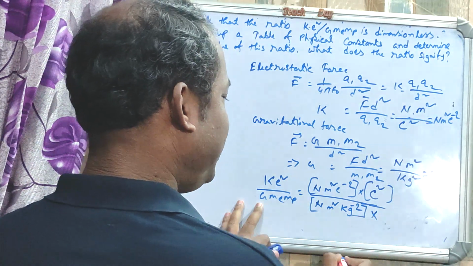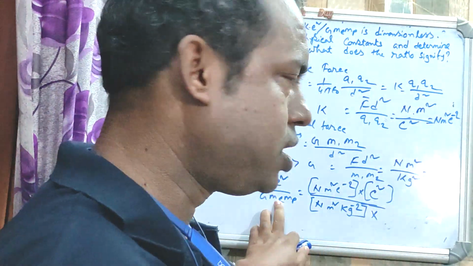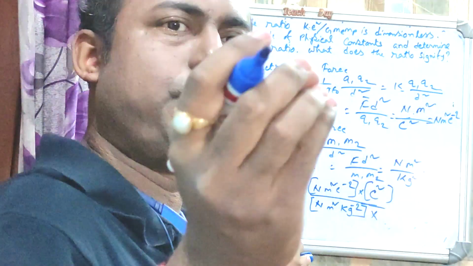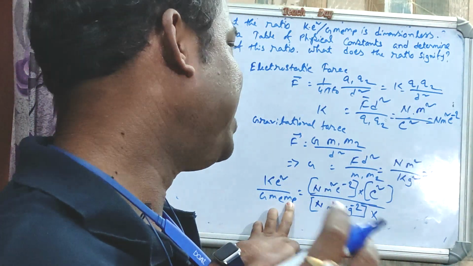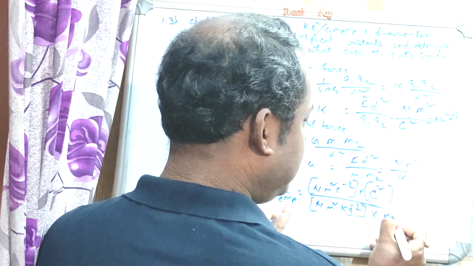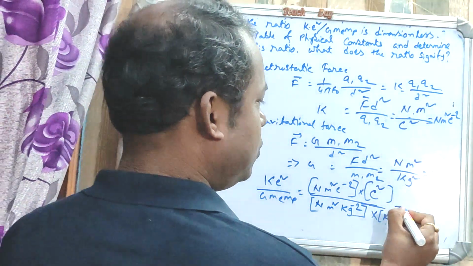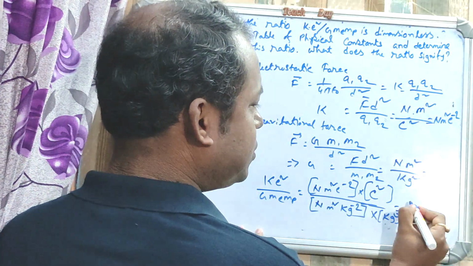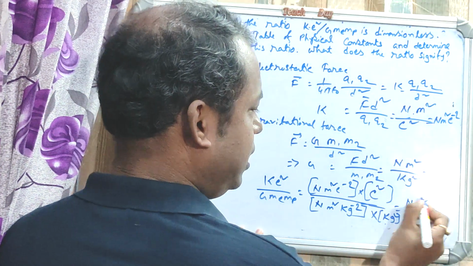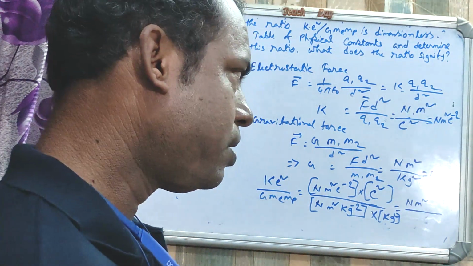It is multiplied with me into mp. What is me? The mass of the electron. And what is mp? The mass of the proton. Both are mass, so in the SI system that is kg into kg, obviously kg square. So now Newton meter square, this one, C to the power minus 2 plus 2, so C to the power of 0.